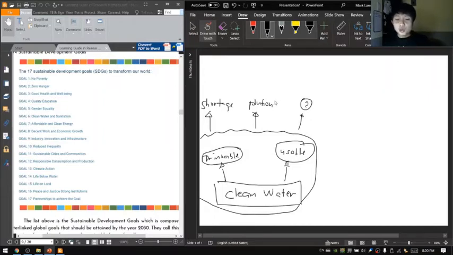Pollution is the problem that makes clean water a problem, because of pollution you can't drink water. It could be dirty, with chemicals. This is due to industrialization, or it could be impurities.